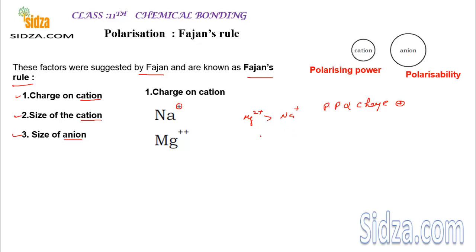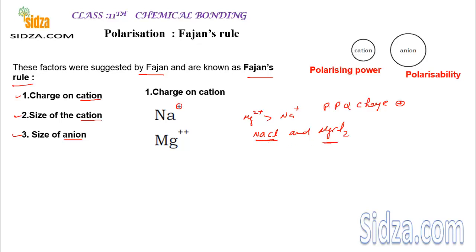That means if you take two examples of two salts here, suppose you have sodium chloride and magnesium chloride, MgCl2. We can say sodium chloride has more ionic character than magnesium chloride.